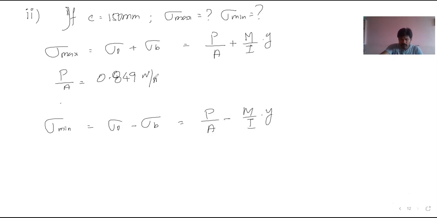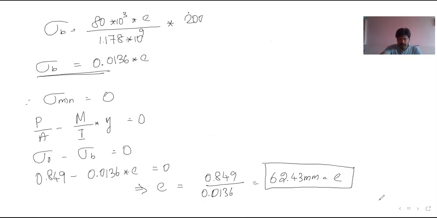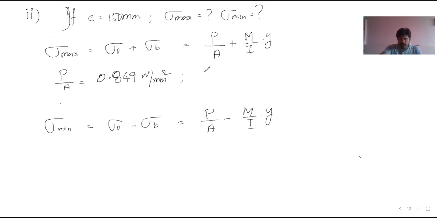Similarly, M by I into y, that is sigma B, is equal to 0.0136 times e. Substitute the e value: 0.0136 into 150 mm becomes 2.04 Newton per mm square.